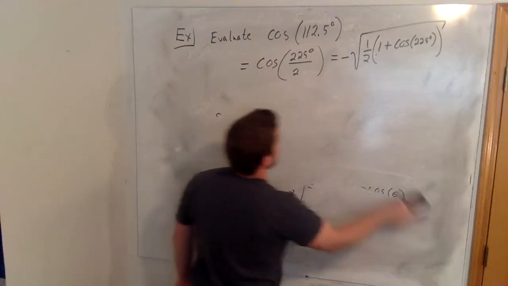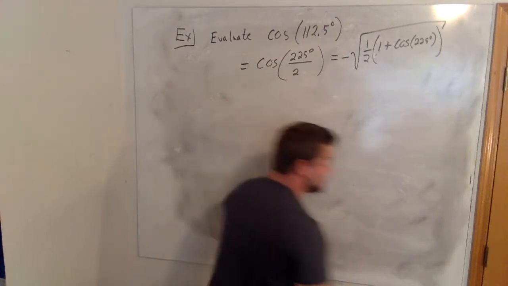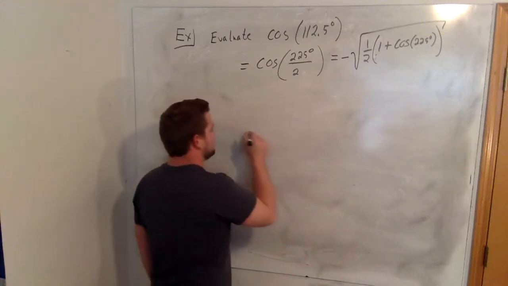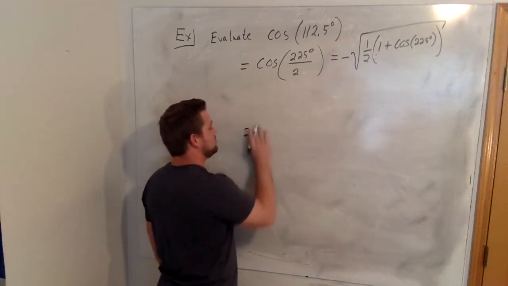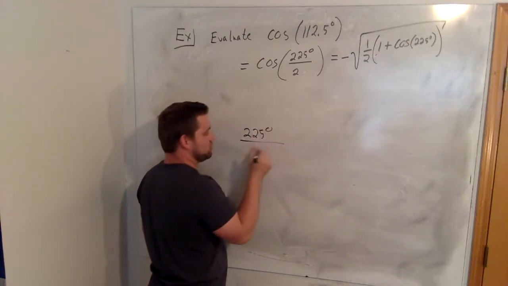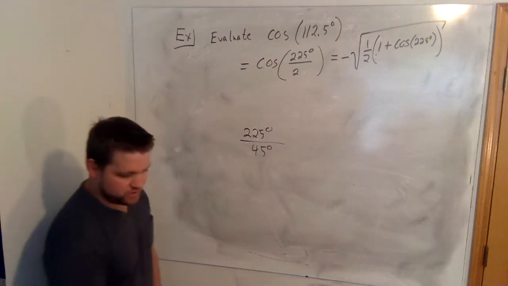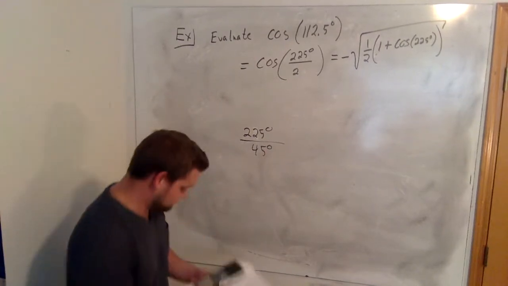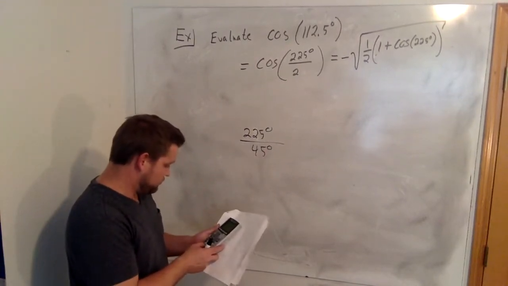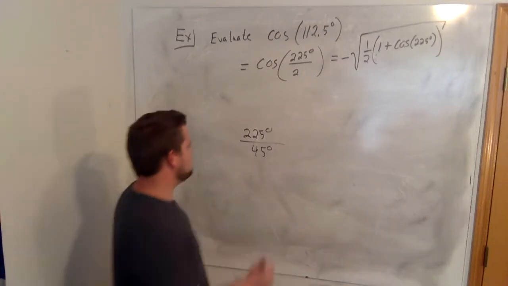So now we know what the cosine of 225 degrees is, or at least we can figure it out on the unit circle. 225 degrees is a multiple of 45. How many times does 45 go into 225? We could use our calculator. 225 divided by 45 goes in 5 times.